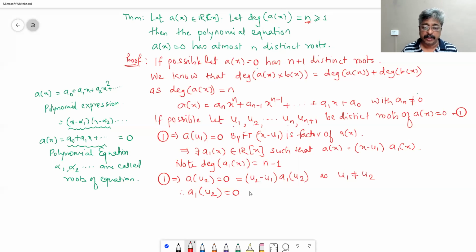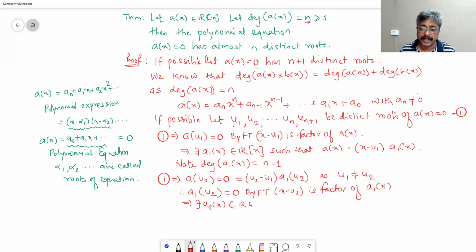By the factor theorem, x minus u2 is a factor of a1(x). Therefore this implies there exists a2(x) belonging to R[x] such that a1(x) is equal to (x minus u2) a2(x).